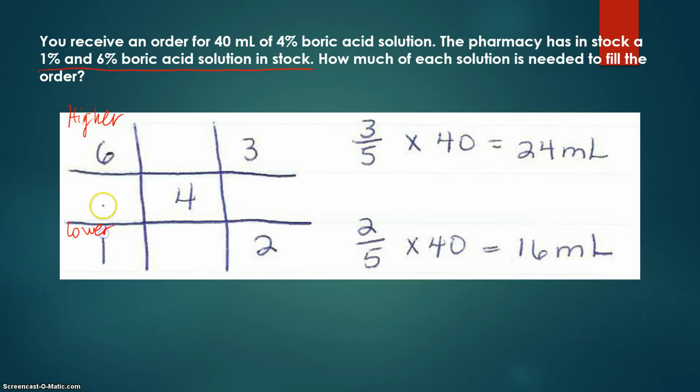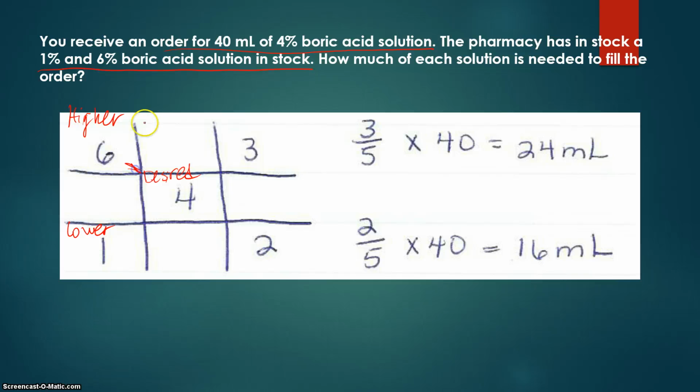Upper left-hand corner, 6 is the amount we start off with, the higher of the two. Lower is the 1%, and in the center we have the desired, what we want to make in the end. So the order calls for 40 ml of 4% boric acid solution. That's what we want to make. So we put that quantity in the center.